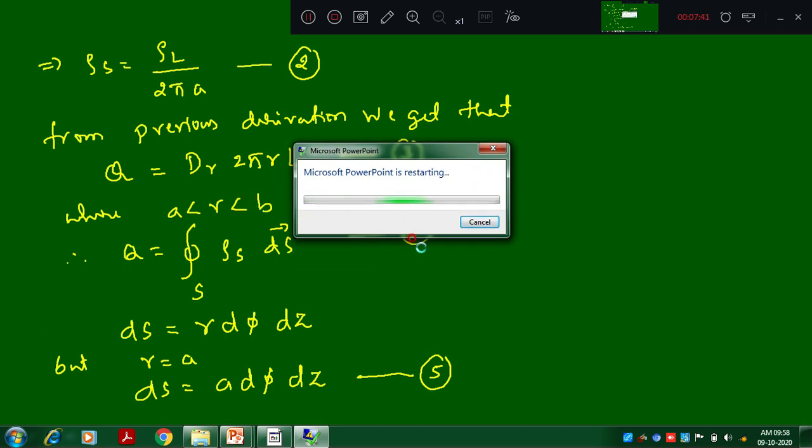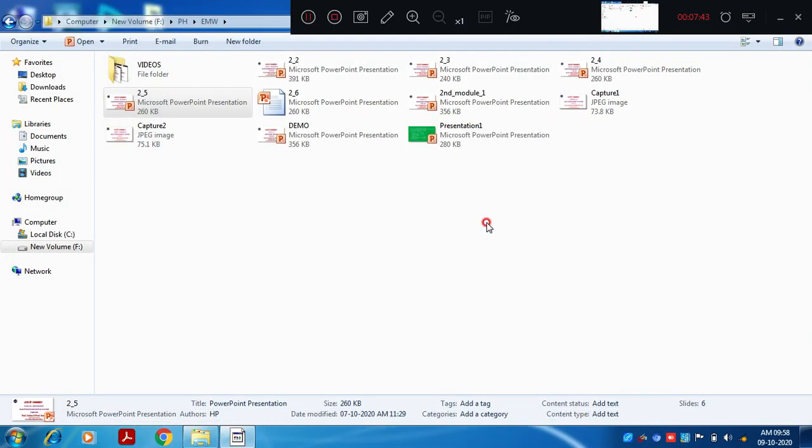Then D r 2 pi r L is equal to 2 pi A L into rho s.